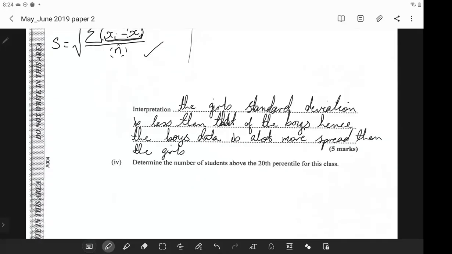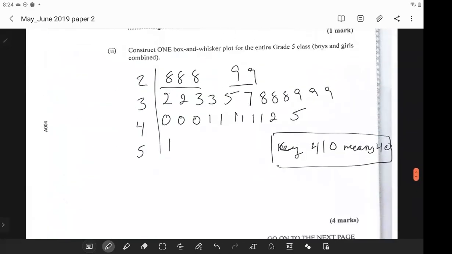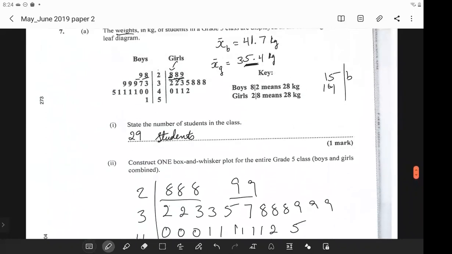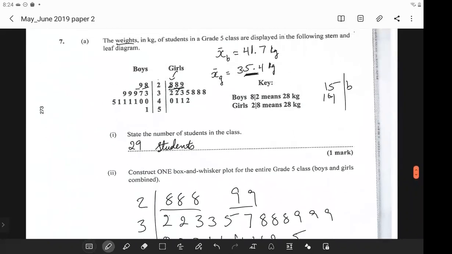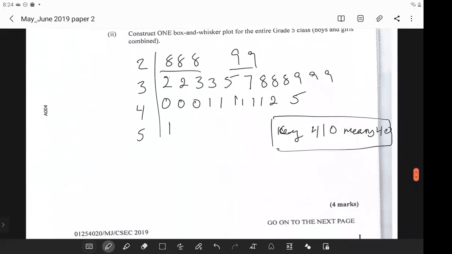Right, so that means the girls' data are much more close to each other than that of the boys. And you'll notice that most of them are in the kind of 30 to 40 kilogram weight, whereas the boys have a lot in the 30s, a lot in the 40s, and even have 50s and in the 20s. Right, so the boys' data are a lot more spread out.